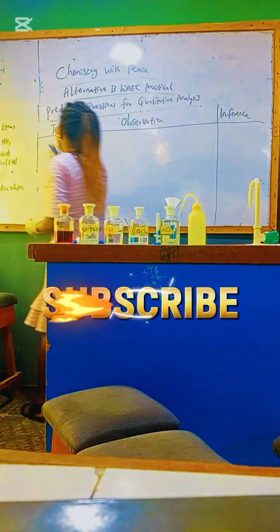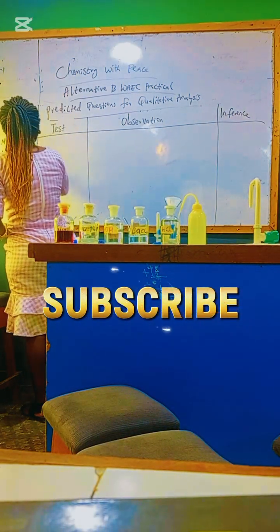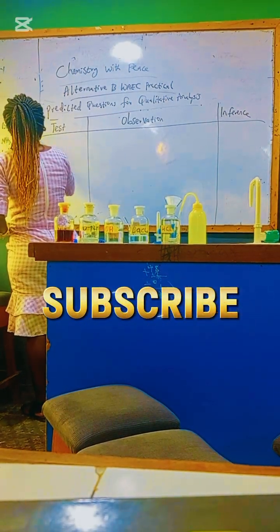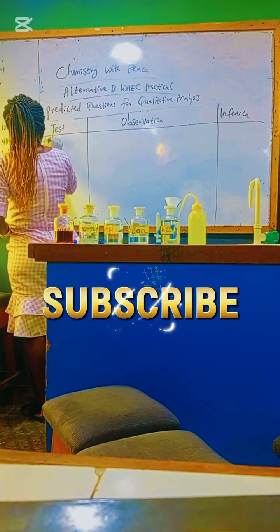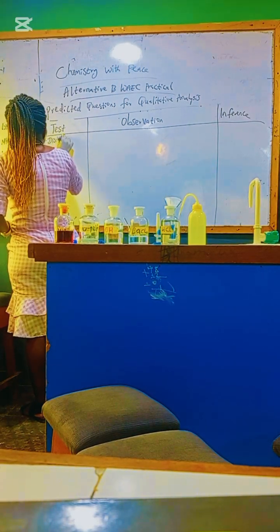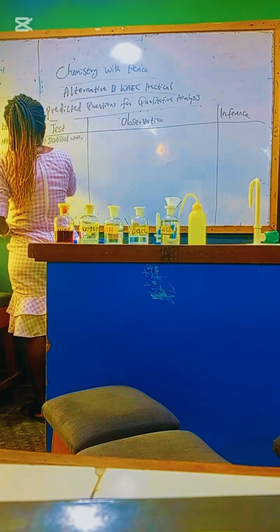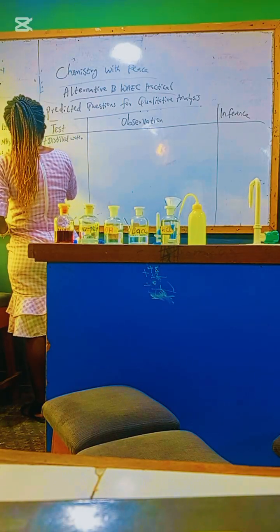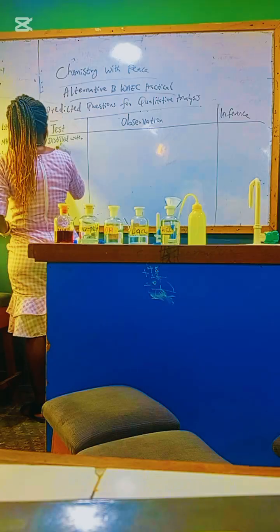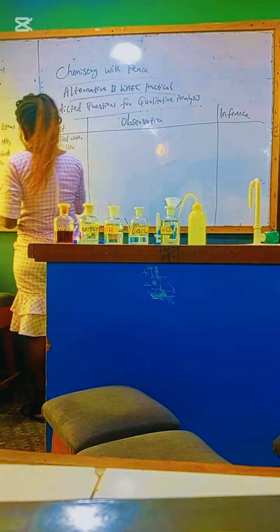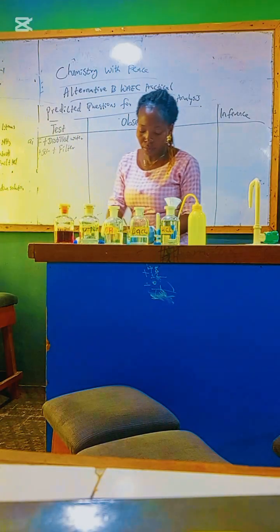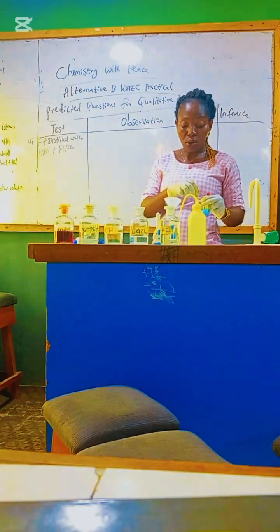So the first thing we are going to do, A I, sample F plus distilled water plus stir plus filter. That's what we write under the test.